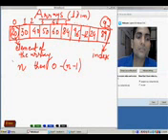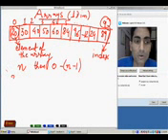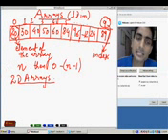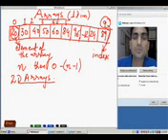Without wasting our time, let us move on to the next thing, that is two-dimensional arrays. What do you mean by a 2D array? Let us concentrate. A 2D array is just like a collection of elements, just like we have collected elements in the case of a 1D array.